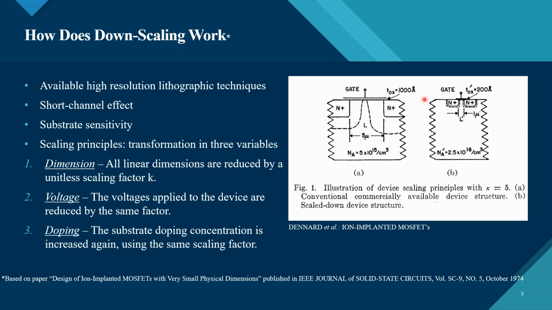Like in this example here, the scaling factor is 5 because we are reducing the length of the channel from 5 microns to 1 micron. And the same scaling factor is also applied to the width of the channel and also the oxide thickness. Second is the voltage.